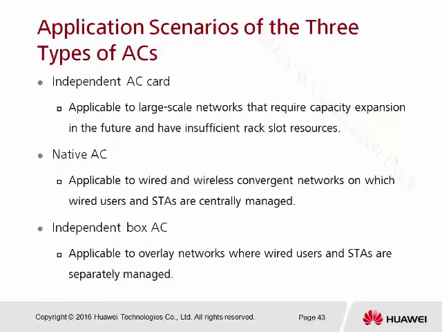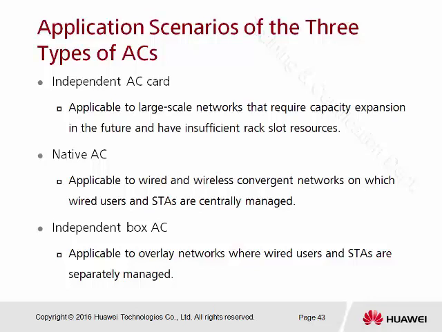Here is the application scenario for the three types of AC. The independent AC card is more suitable for a large-scale network that requires capacity expansion in the future and has insufficient rack slot resources. It's more for future use, so they can keep expanding their network depending on what they need. That's why they use this card.